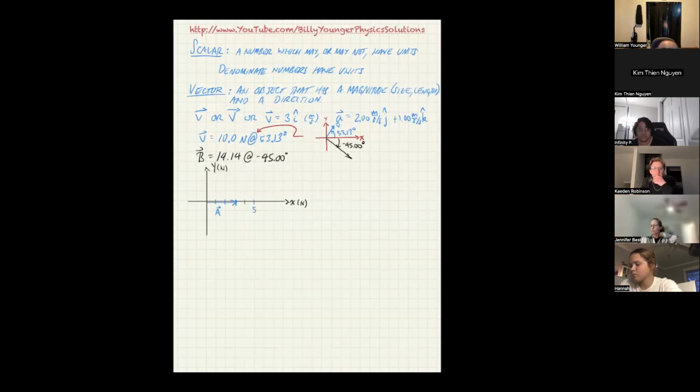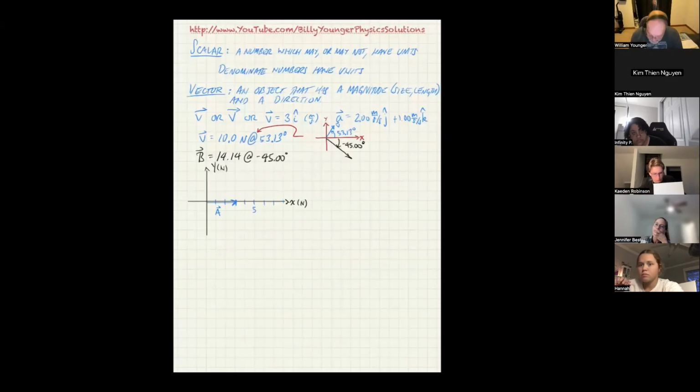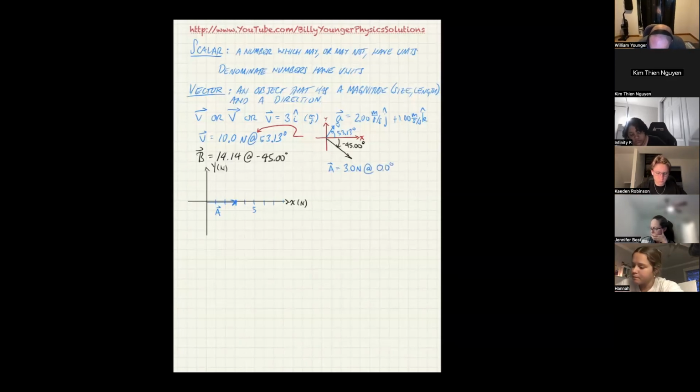So this is 5, 6, 7, 8. So I think you all can tell that my first vector points to the right and has a magnitude of 3 newtons. And I could write that as at 0.0 degrees, right?